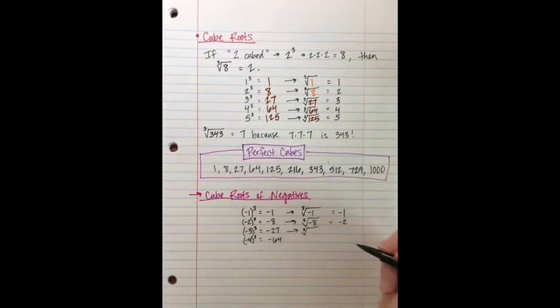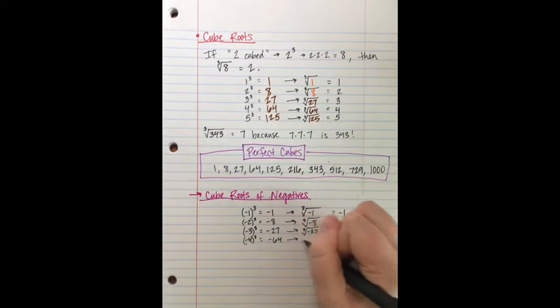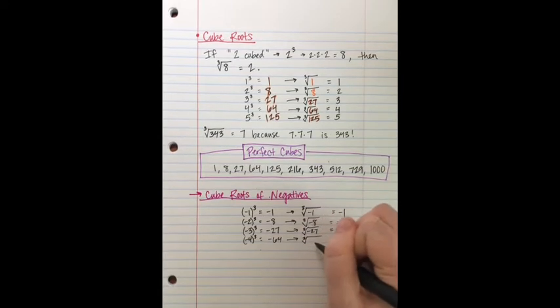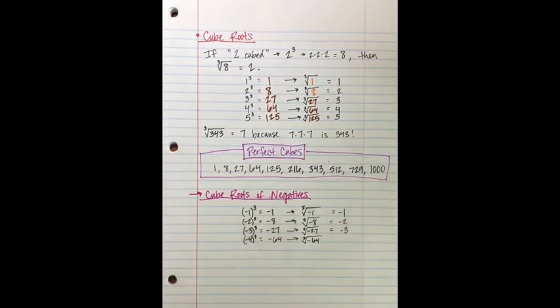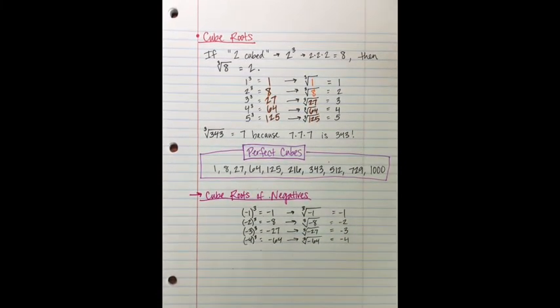Cube root of negative 27 is negative 3. And go ahead and try that one. Cube root of negative 64, negative 4. So it is possible to take cube roots of negative numbers.